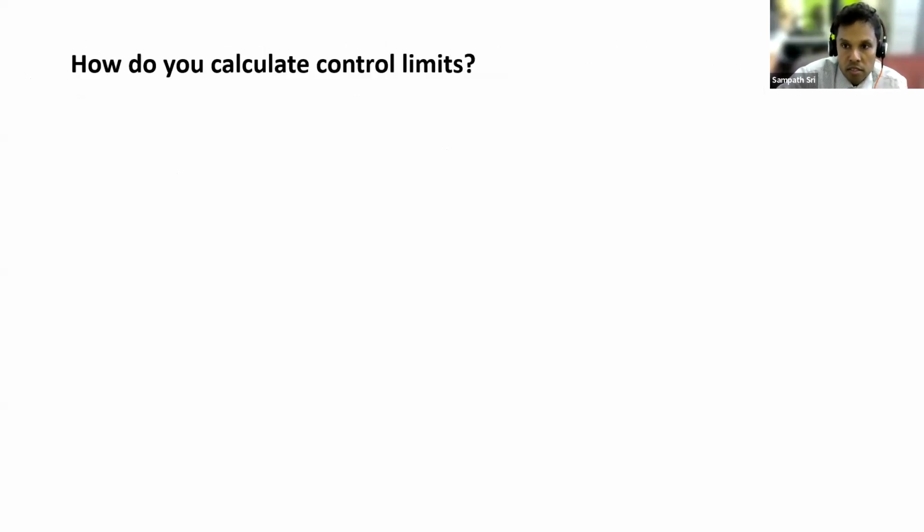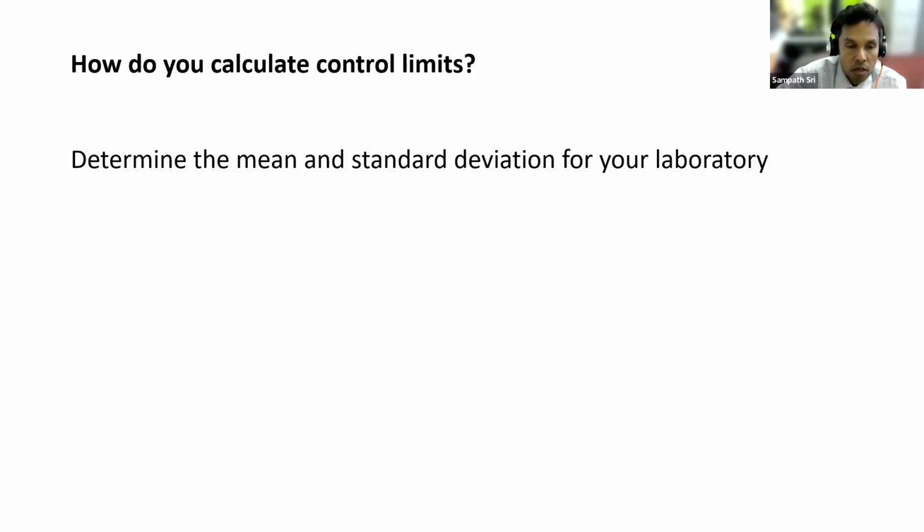The next question is, how do we calculate our control limits? It is calculating the SD and mean, but we have to use our own laboratory mean and SD, not the manufacturer's mean or data.